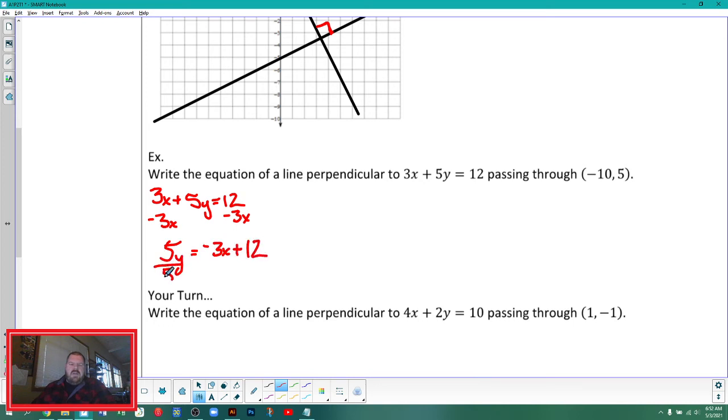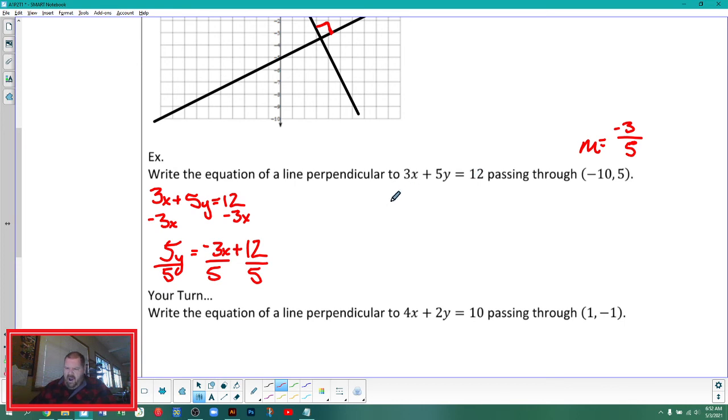And then I'm going to divide by 5 everywhere. I don't really care about much other than this part right here. I know that my new slope is going to be negative 3 over 5, and that comes from this part right here. I don't care about the 12 over 5, even though that's part of that equation. The key is that's part of that equation, not the one that I have.